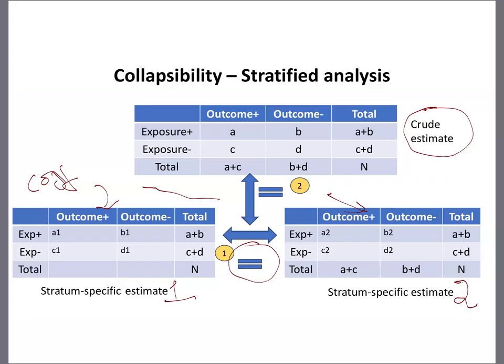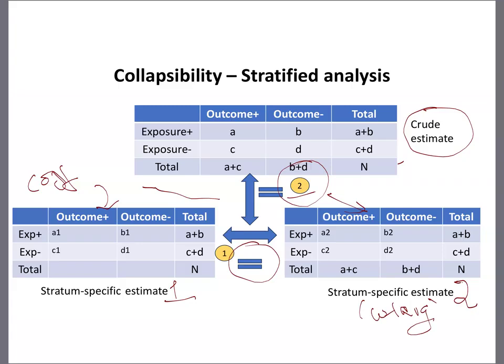You calculate what is known as a weighted average of the estimate. So you combine these two together, you take a weighted average, and you compare this weighted average with your crude estimate. So this is the second step. And if these two values are equal, then you would say there is no confounding.